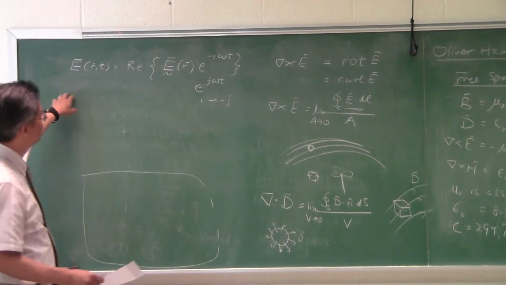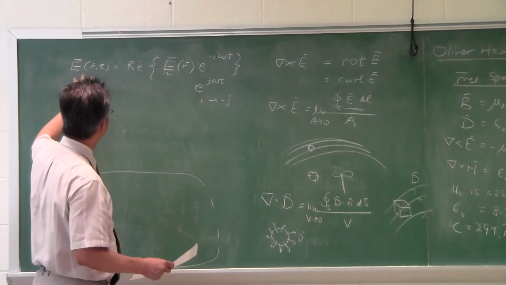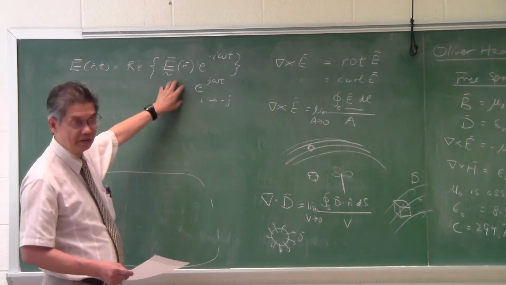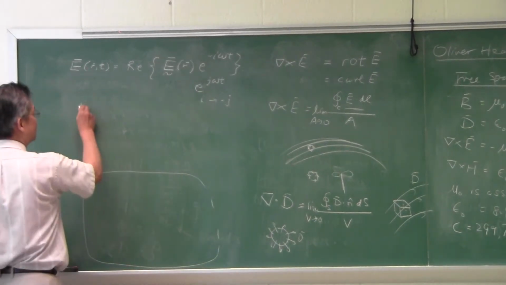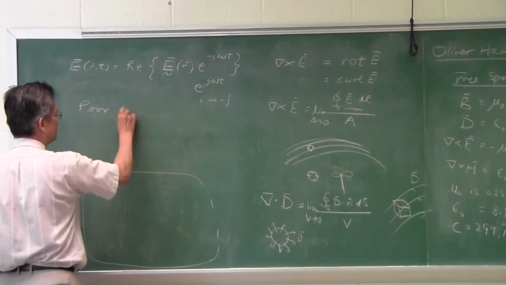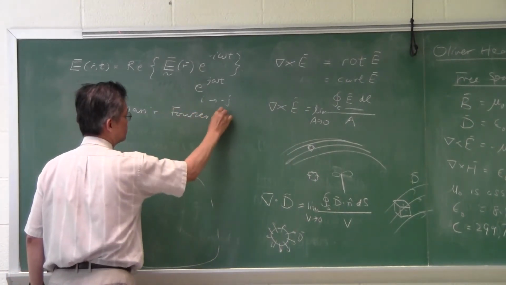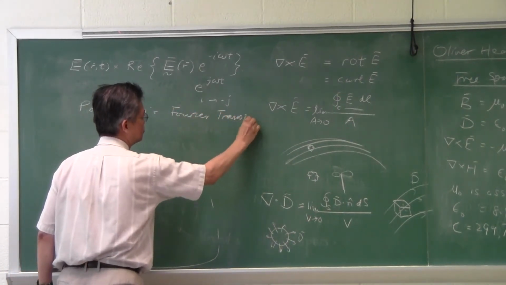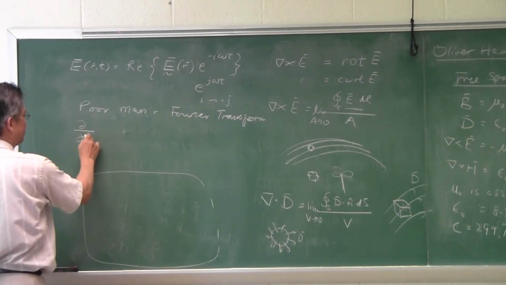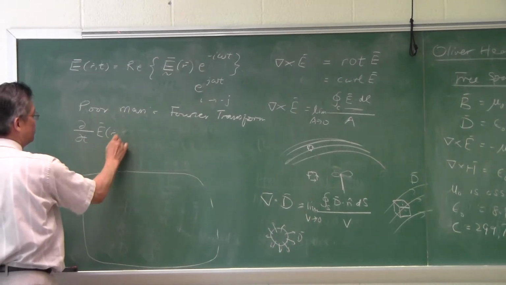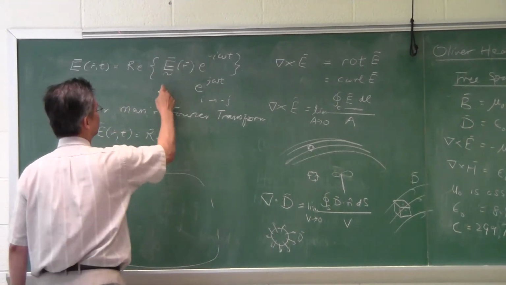Okay, and this is called a phasor notation. So any time harmonic function can always be written in this manner. I will call this a poor man's Fourier transform. What it says is that any time derivative of E can now be written in the phasor world.